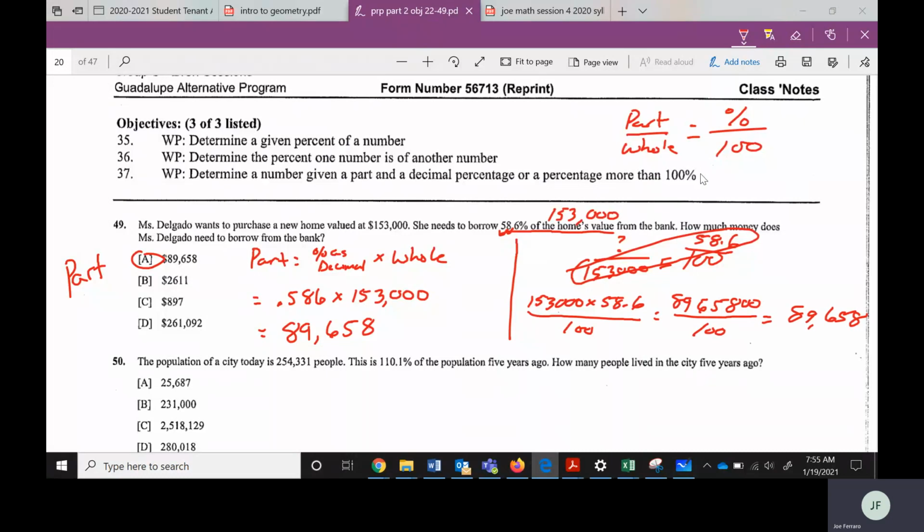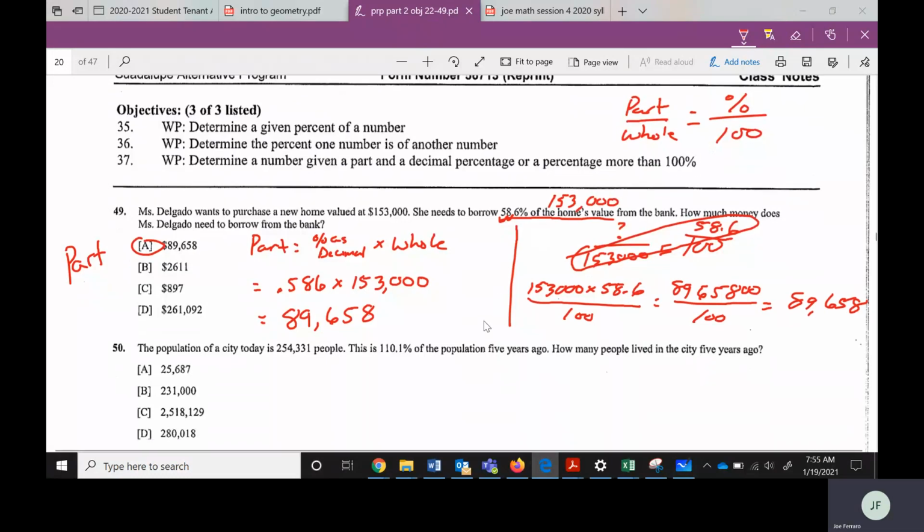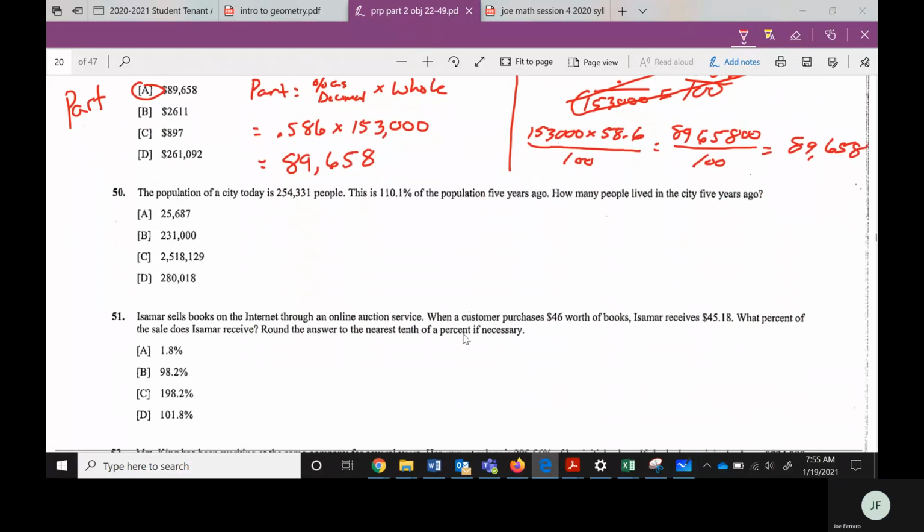All right, so that's the first problem. Second one. It says the population of the city today is 254,331 people. This is 110% of the population 5 years ago. So this is the key part I'm looking at.